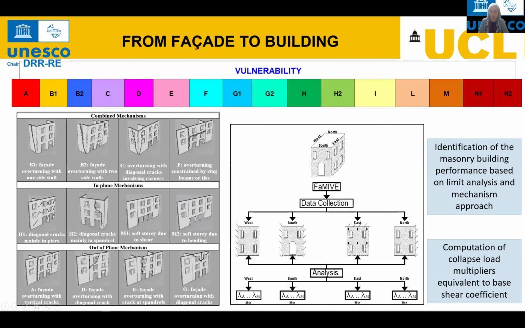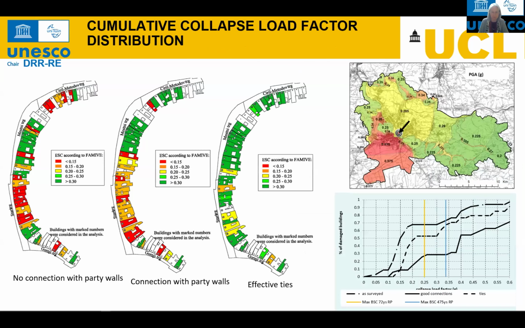How we can use this information: now we go towards the latter part of the presentation, where we want to see how useful the output from FaMIVE is. In this particular case, a case that we studied some time back in Slovenia, in the city of Ljubljana, there is a particular set of buildings set in crescent fashion.